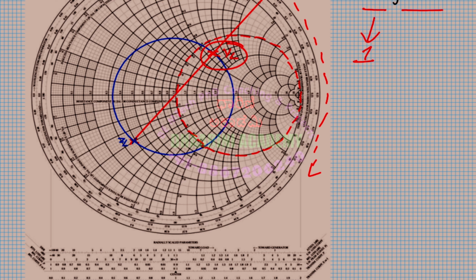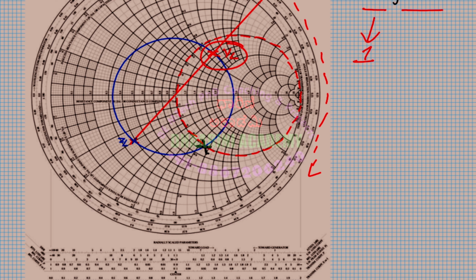It happens only at one point. At this particular point, the blue colored circle intersects the r equal to 1 circle. So at that point, the y value has a real part equal to 1.